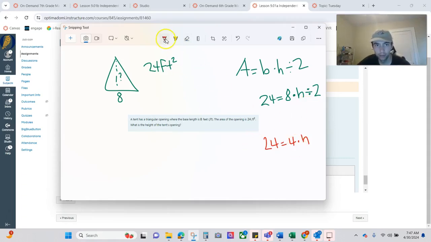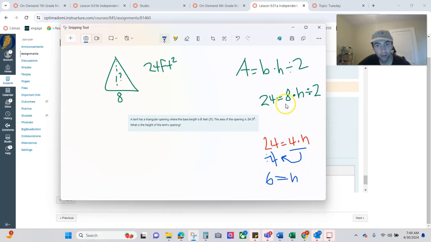Now, let's use some backwards math. Instead of timesing by 4 on the right side, let's do the opposite operation to the opposite side of the equal sign and divide by 4. 24 divided by 4 is, thank you calculators, 6.